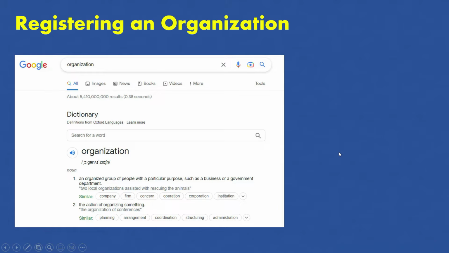So let us begin by understanding an organization. Any purpose-driven activity can be referred to as an organization. This is just a simple term of English, and you can use that without any further classification. But now when you start a business, that is definitely an organization, but you need to register that business with the government.